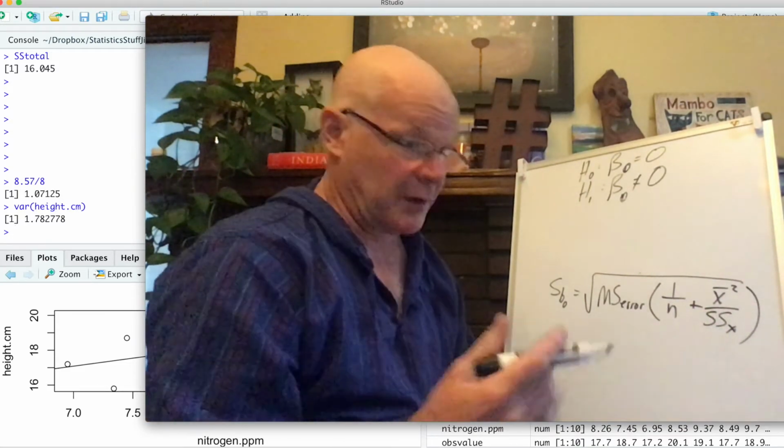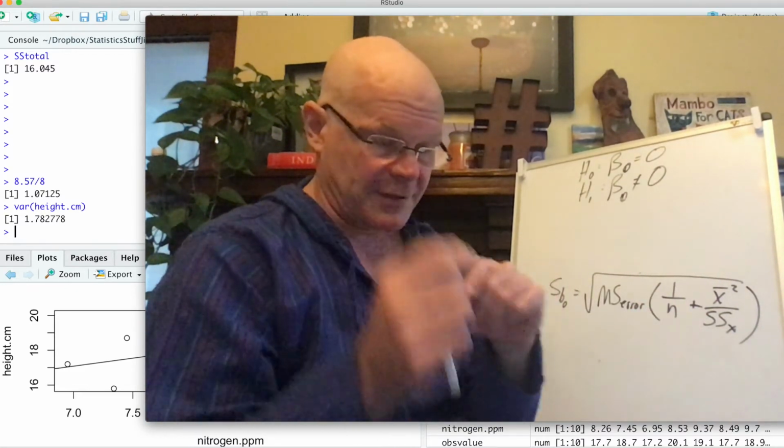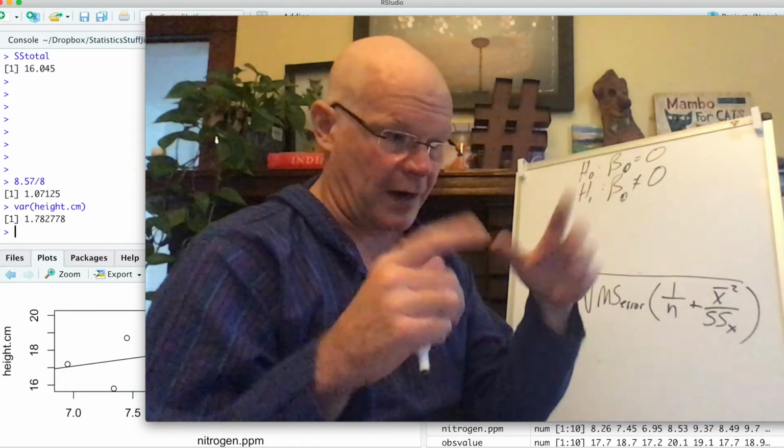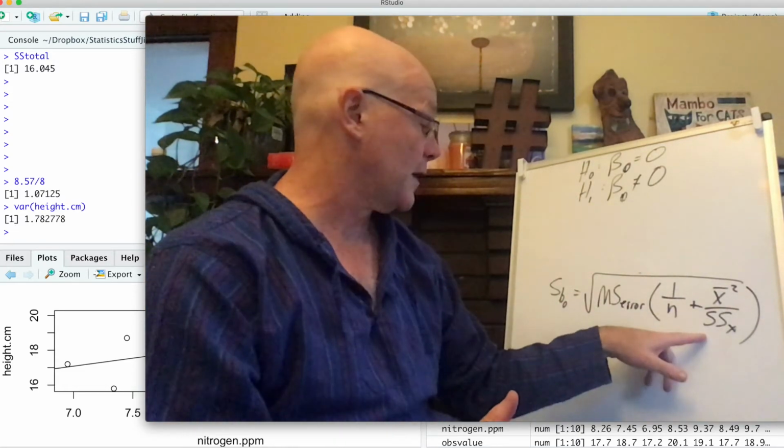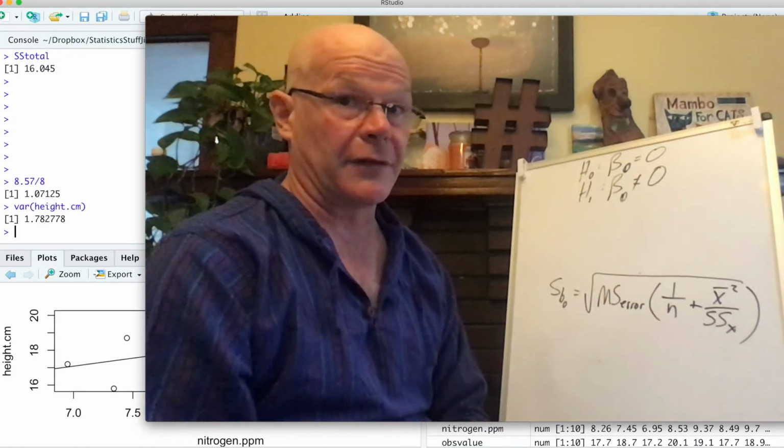And we know what the sums of squares are: it's all of the observations minus the mean, squared. You sum up all of those, the sums of squares of x. This will give us our standard error around the intercept.